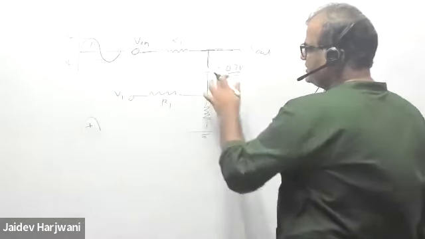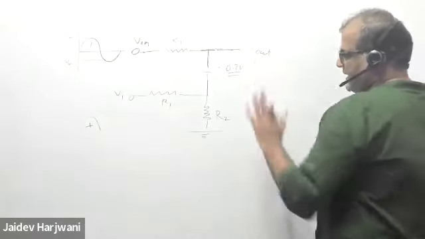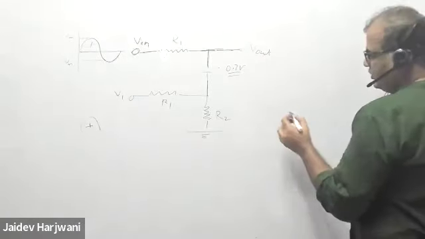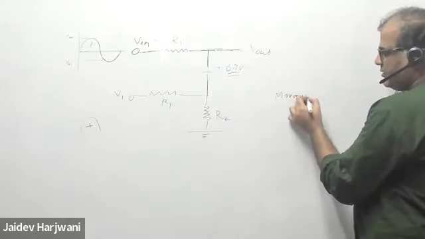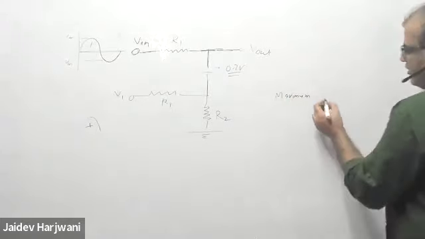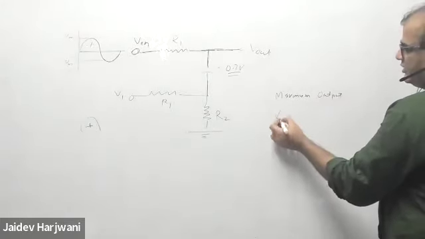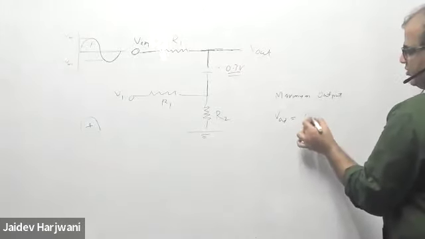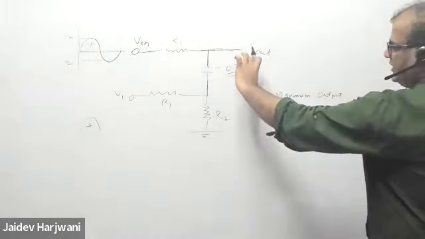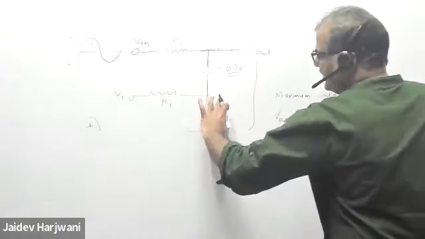And once this is conducting, this voltage is fixed. The maximum voltage of output, what I can get, VP output, which is fixed, I can get 0.7 volt. This battery is the whole voltage, and this voltage is getting divided here.